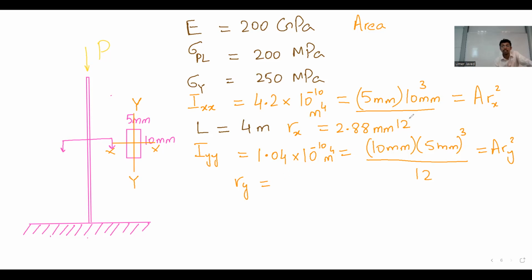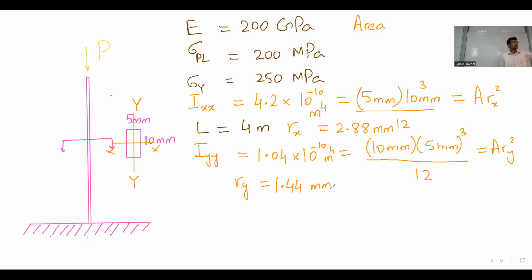By the way, just be careful because your I is in meter, then area is, so be careful if you are giving me the answers in millimeter or meter, just decide. This is millimeter and Ry is 1.44. Why is it exactly half? Is it because the dimensions of the rectangle are half of each other? Possibly, it could be one of the reasons.